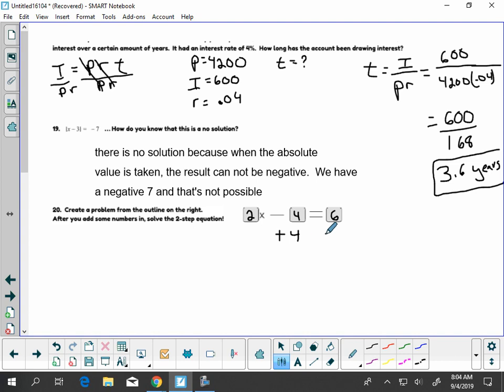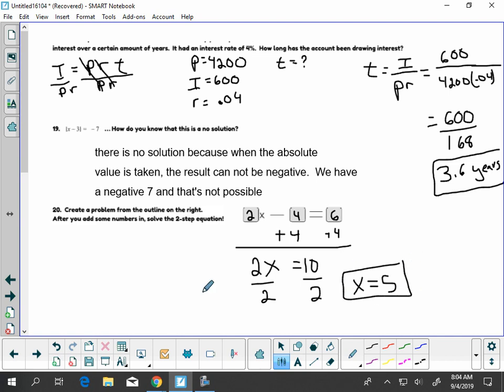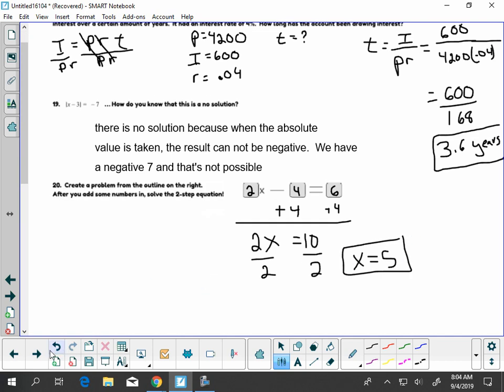So I'm going to add 4, and I get 2x equals 10. Divide by 2. x is 5. Again, yours might look different than mine. Those are just the numbers I picked.